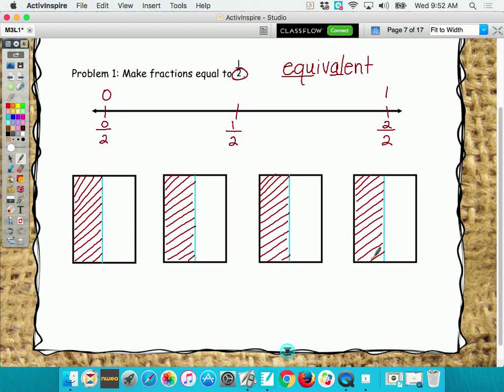So once you have them shaded, I want you to look up here and I'm going to show you what to do next. And this is the part that might look familiar to you. So you're out of time to shade. Look up here and I'll show you what to do next.